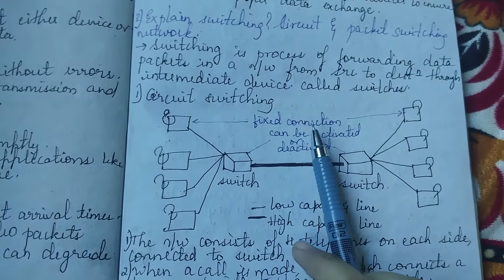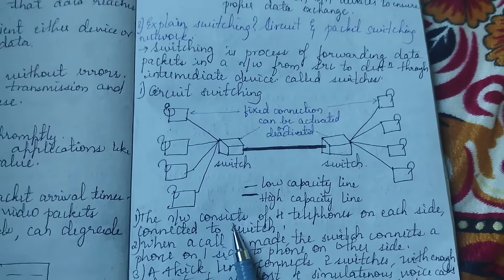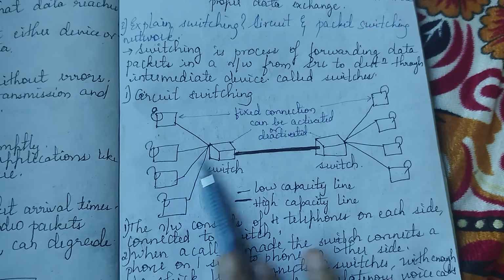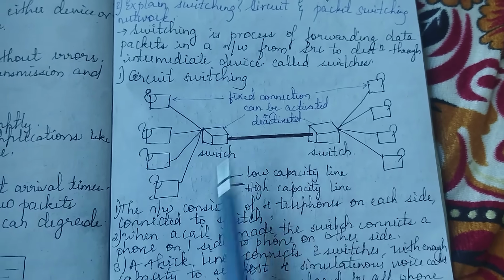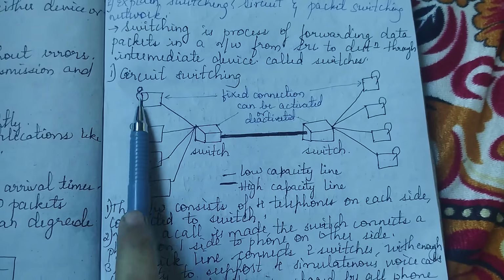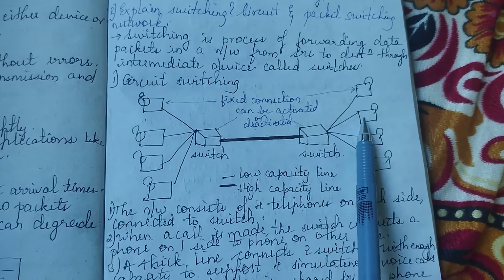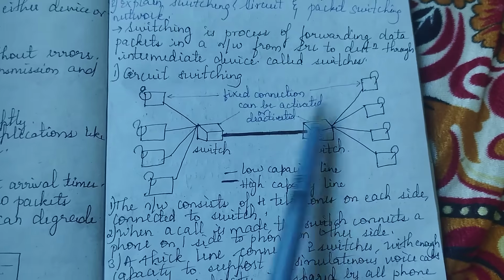Now, what explanation you can write is, first look at the figure. Whatever you can explain from the figure, you have to write it. So this network consists of 4 telephones on each side. To what are they connected? To a switch. So when a call is made, the switch connects the phone on one side to the other side, right? Like if you are calling from this phone, it should be connected to someone.